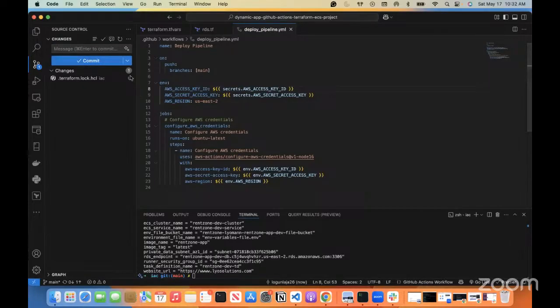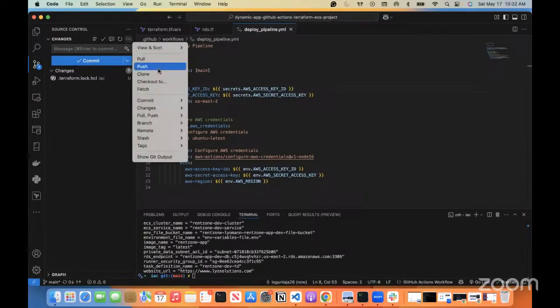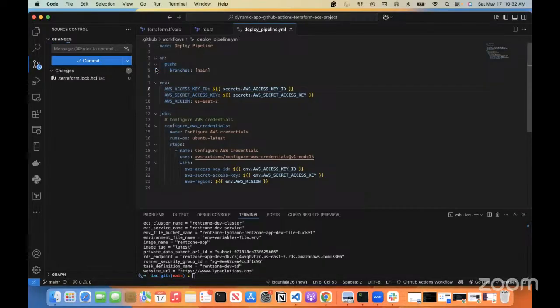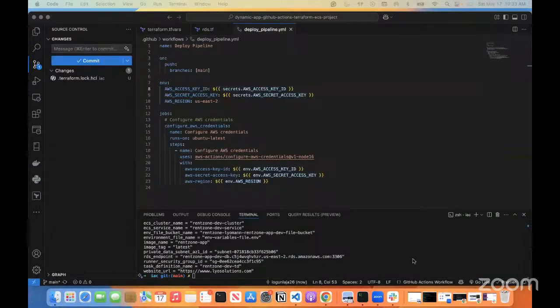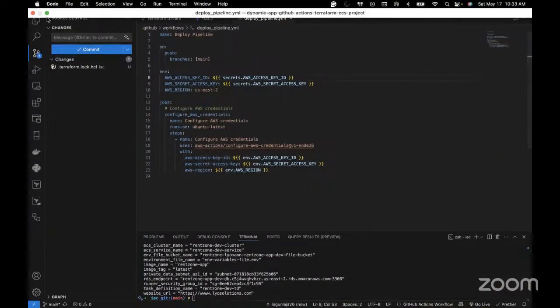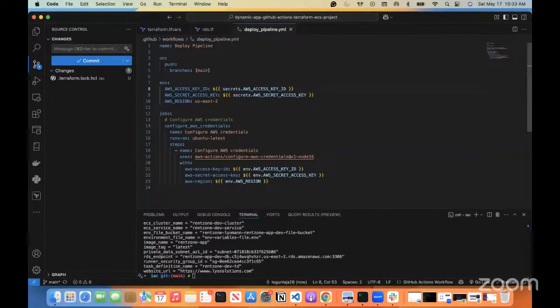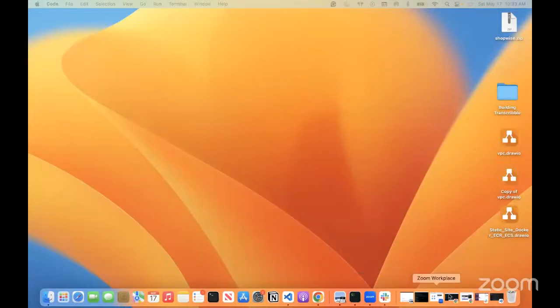Okay, now let me push. All right. Okay, go now to GitHub Actions. I got multiple screens. Where's that screen at?